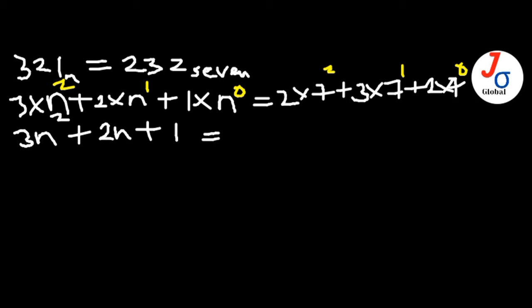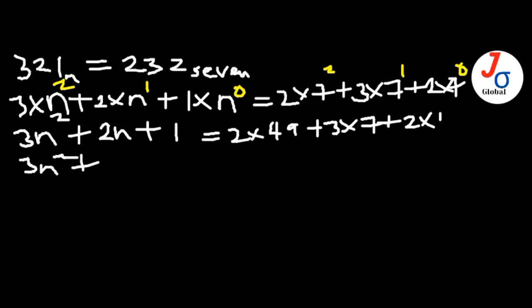And that equals to 2 times 7 squared, which is 49, plus 3 times 7, plus 2 times 7 raised to power 0, which is 1. So I have 3n squared plus 2n plus 1 equals to 49 times 2, which is actually 98, plus 21, that's 7 times 3, then plus 2.